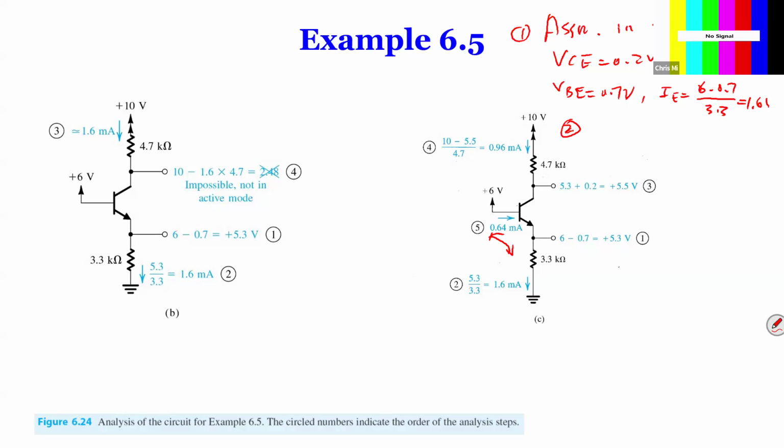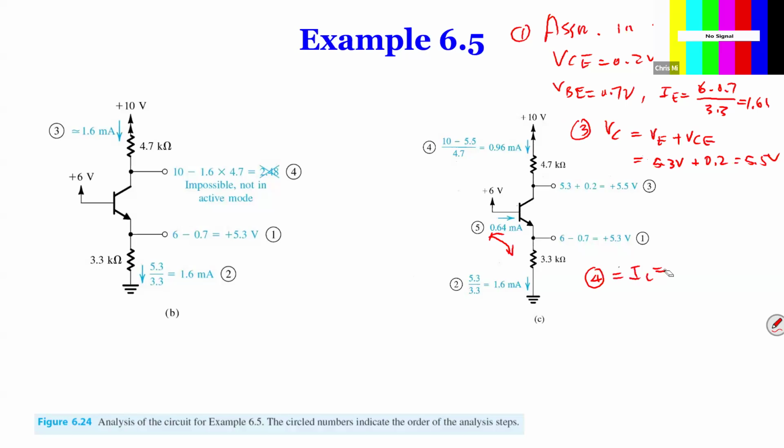So what changed is step 2. VC now is VE plus VCE. VE is 5.3 volts plus VCE of 0.2. That gives you 5.5 volts. So that's VC. In the diagram here, that's step number 3. Then we go to step number 4, where we calculate IC.